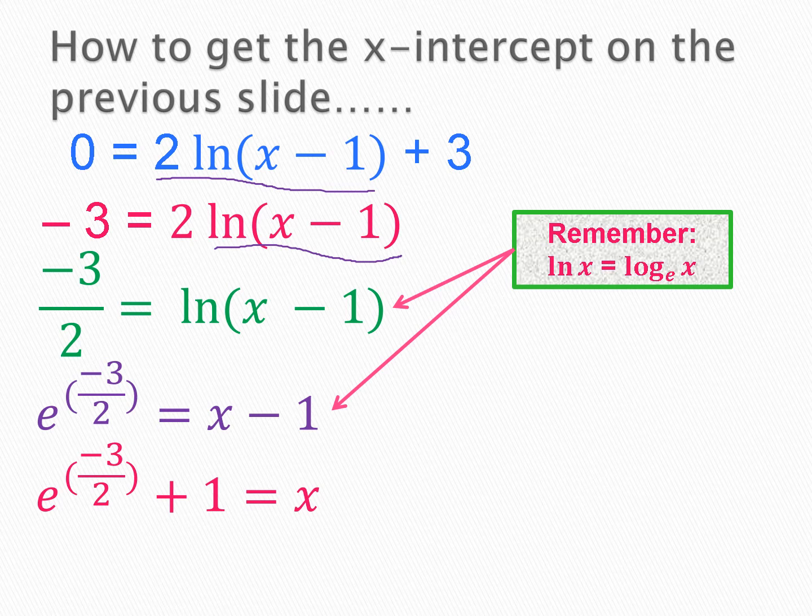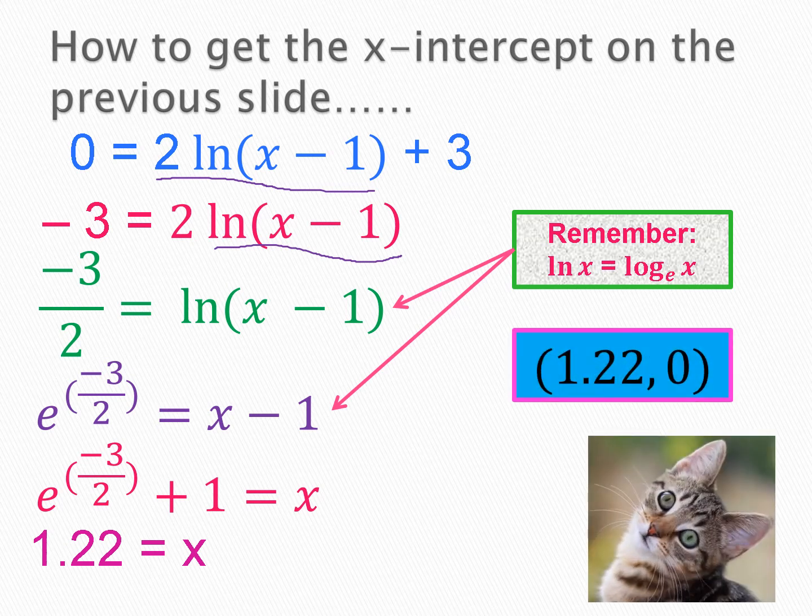We're going to say -3 divided by 2, close parentheses, plus 1, and that's going to give us our answer of 1.22 rounded. So if the directions don't say what to round to, 2 places is generally what we do. But remember, we can't leave it like that. We have to write it as a coordinate point of 1.22, 0.